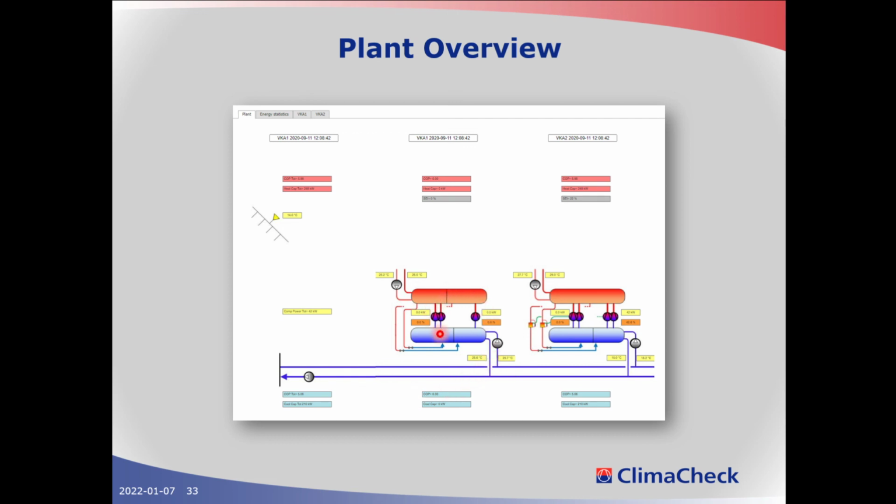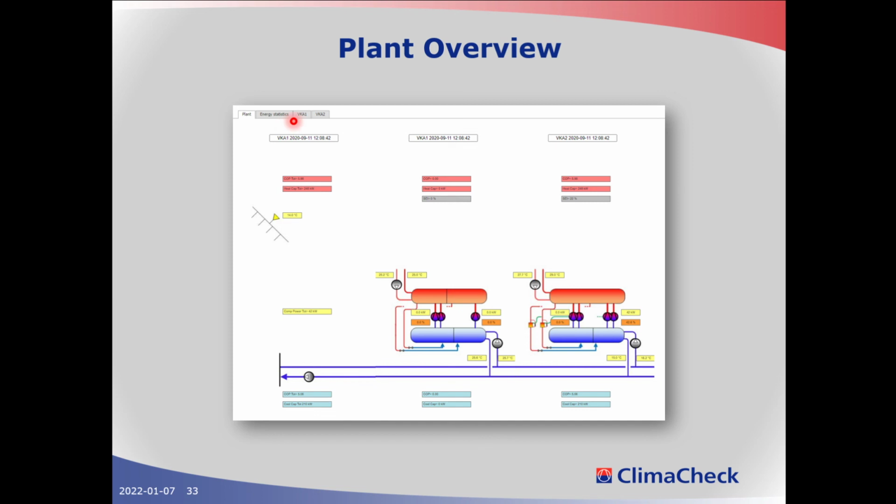In this case you have a system with two circuit systems in parallel, and then we set up this plant view. You select plant process from that menu, and select this plant. The first thing you will see is this plant overview, so you get a good overview of the chillers installed in the system and what they're doing right now.